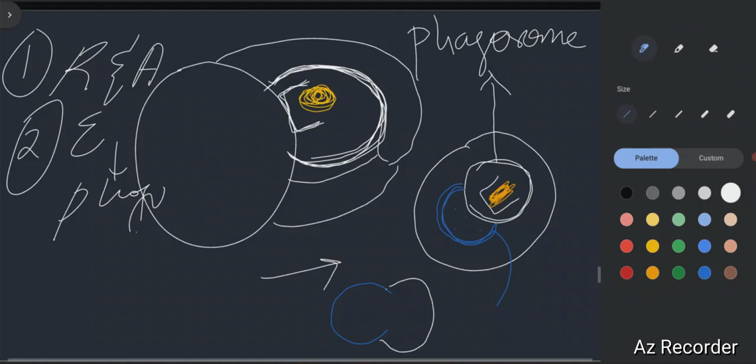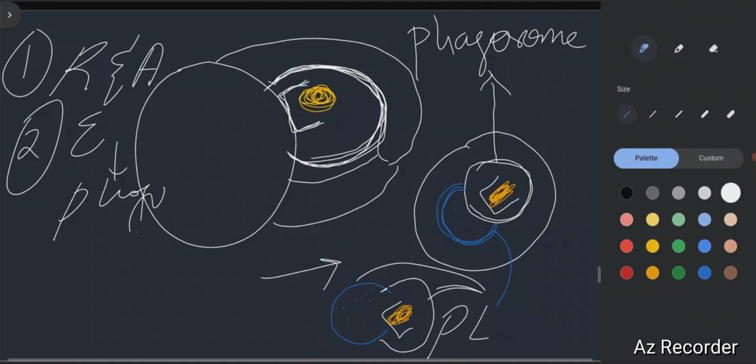They both have fused together, and within the phagosome you had your receptor antigen complex, and here you have your lysosomal enzymes, right? Now this new fusion vesicle is known as phagolysosome.